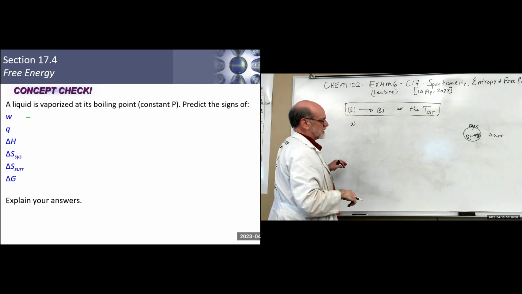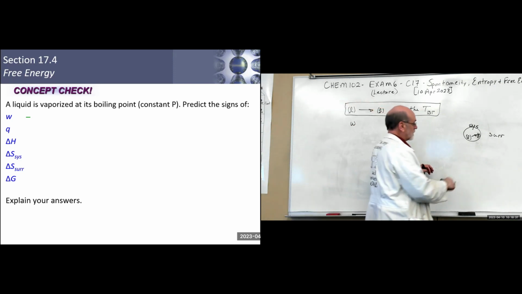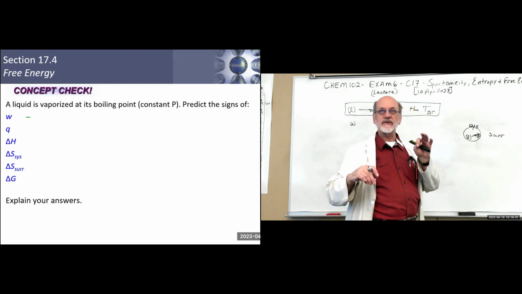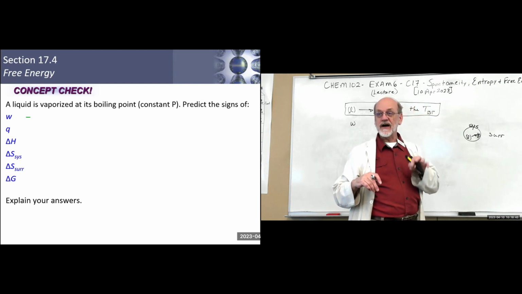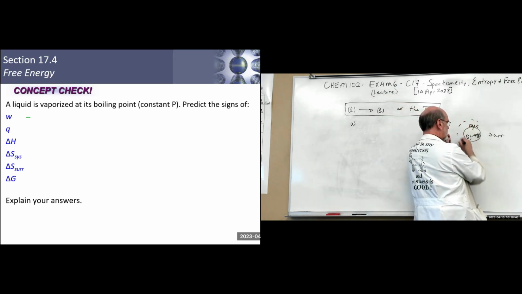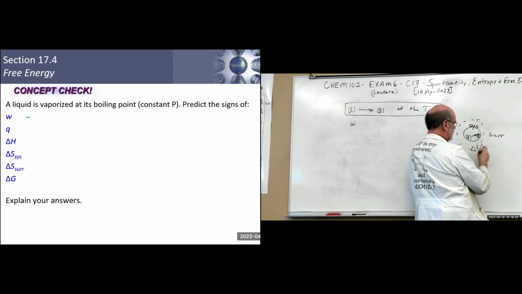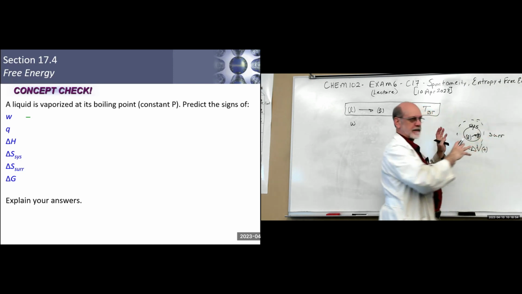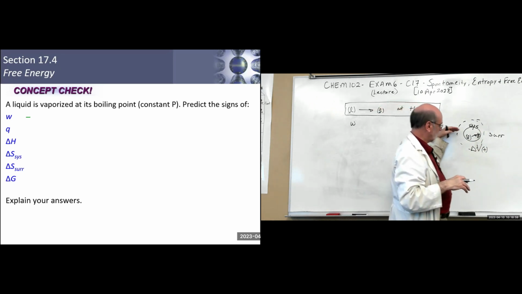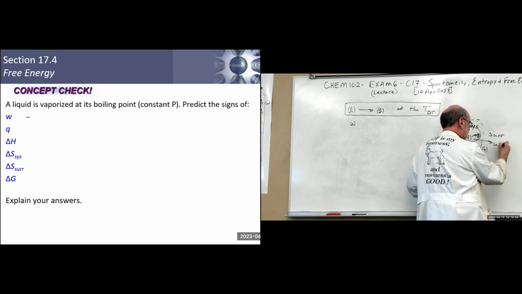What type of work is being done? Well, as it goes from a liquid to a gas, in order to maintain constant pressure, the volume has to increase. The volume change would be positive. And in order to do that, you're doing work on the surroundings. So the work that's being done here is negative.